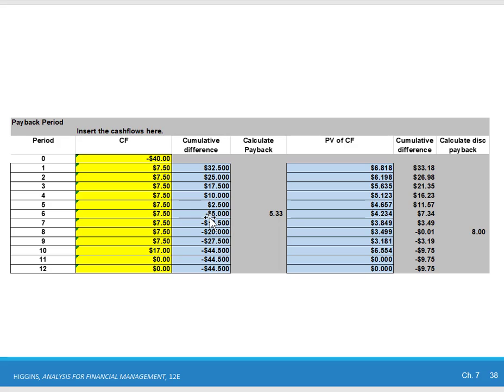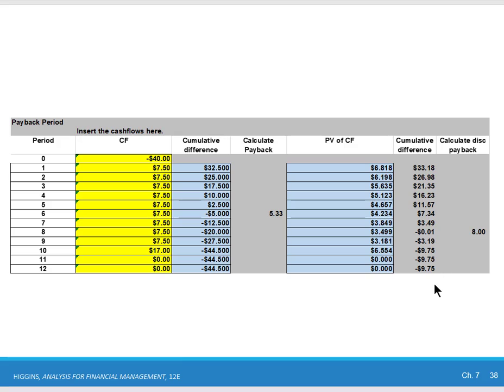So all you do, ignoring the sign here, is divide this cash flow, 2,500, by next year's cash flow. So 2.5 divided by 7.5 is a third. So that's 5.33.